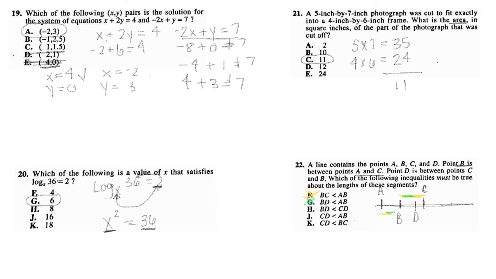Okay, so let's go on to H, which says BD is smaller than CD. Nope, don't think so. Let's see, what about CD is smaller than AB?